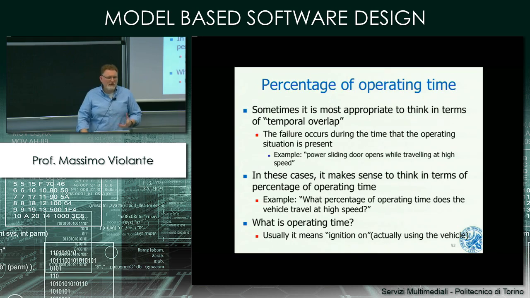So we have to tell which is the exposure of traveling at high speed. So here we have to consider which is the driving scenario, for how long we are driving our car, and then we have to consider for how long is the time for which we are traveling at high speed. The ratio between the two gives us the exposure.